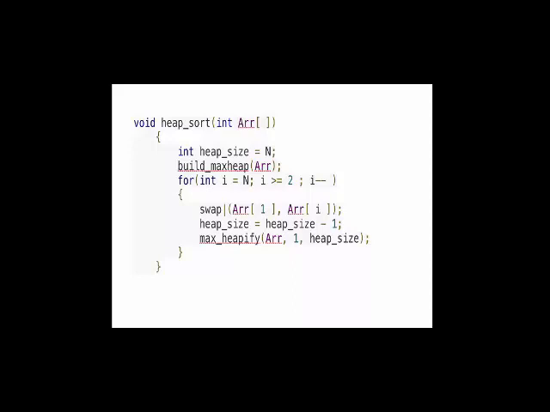For that purpose, you are calling this function max heapify and passing the array, the root element and the heap size. And this for loop is repeated for all the nodes in the heap. So this is nothing but heap sort.